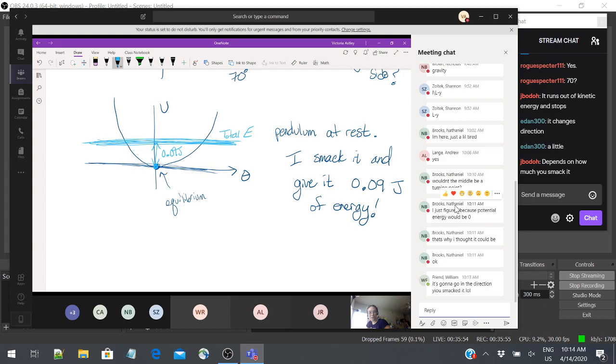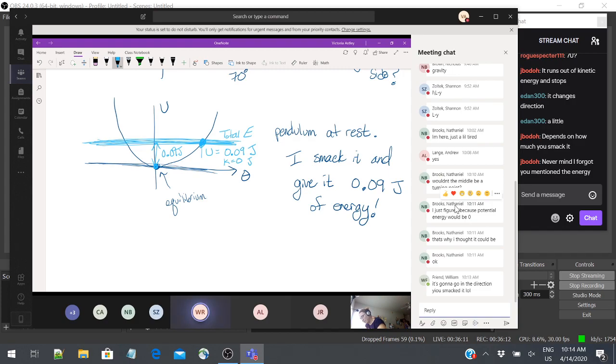So it's going to swing out until all of that kinetic energy turns into potential energy, and kinetic energy is 0 at the turning point. So it's whatever value theta where our U is equal to 0.09.